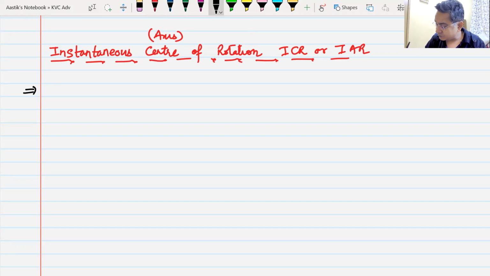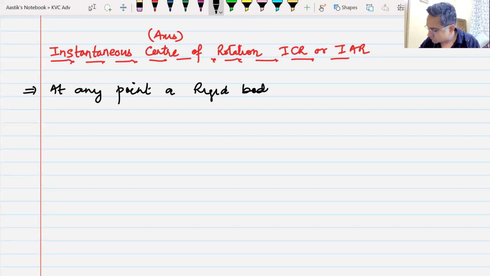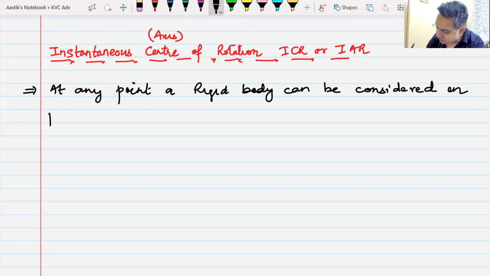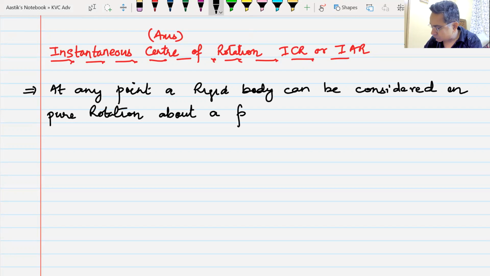At any point in time, a rigid body can be considered in pure rotation about a point or an axis which passes through that point.